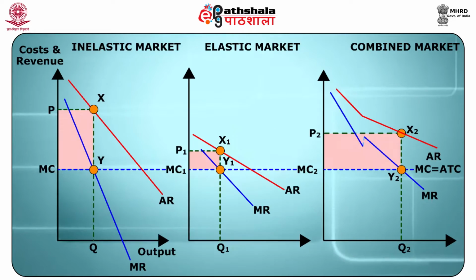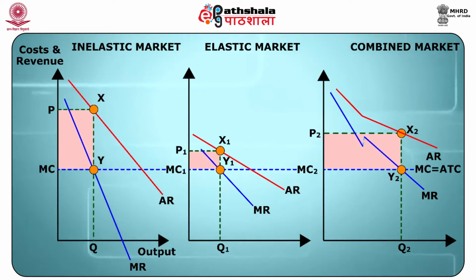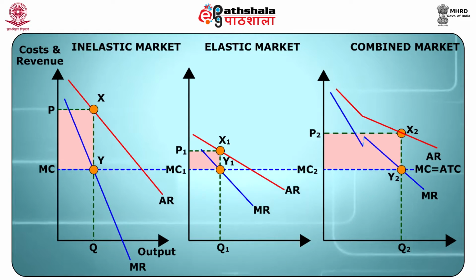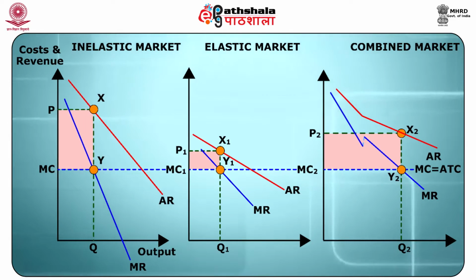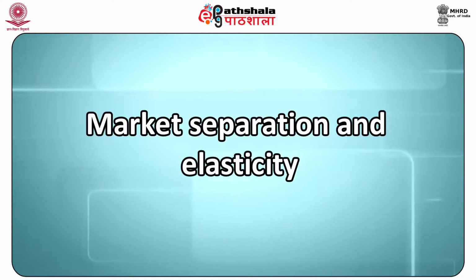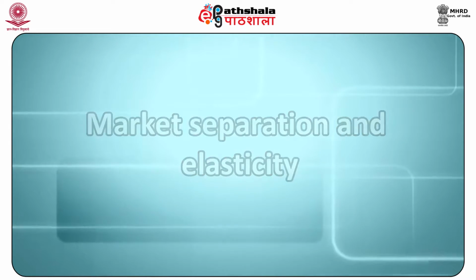If the market cannot be separated and the two sub-markets are combined, profits will be the area MC2 P2 X2 Y2. If the profit from dividing the sub-markets is greater than for combining them, then the rational profit maximizing monopolist will price discriminate. Let us now learn about market separation and elasticity.